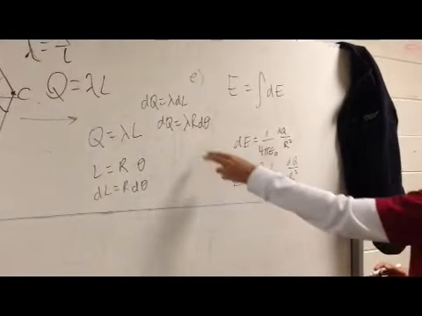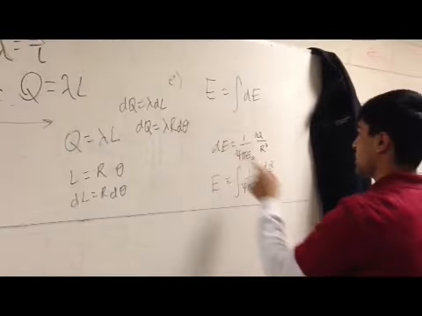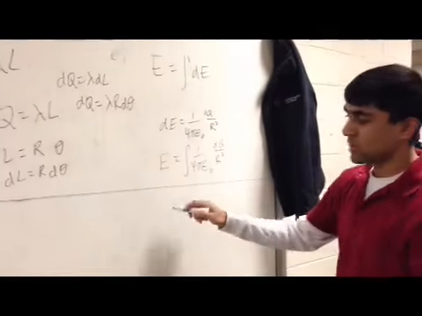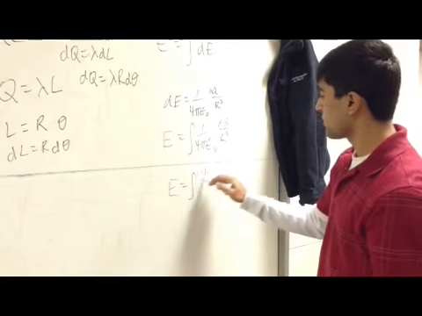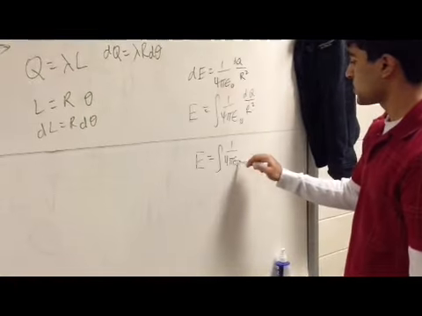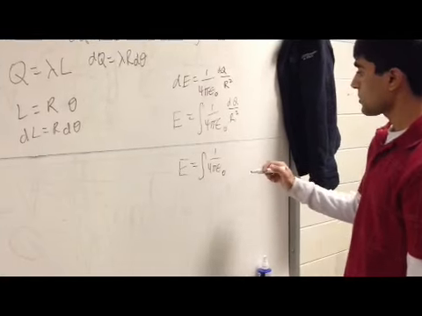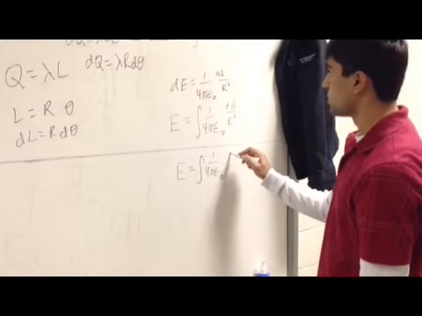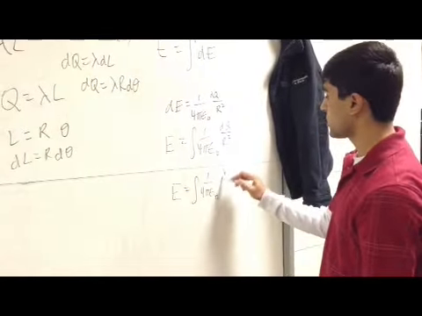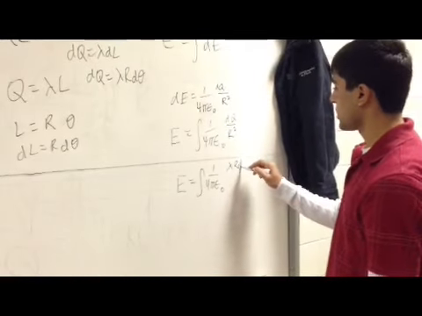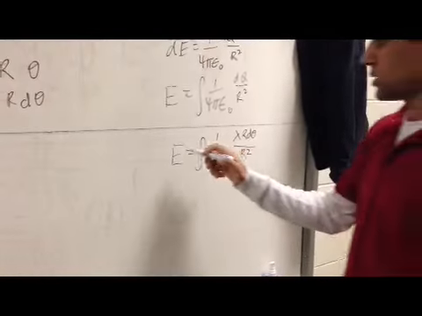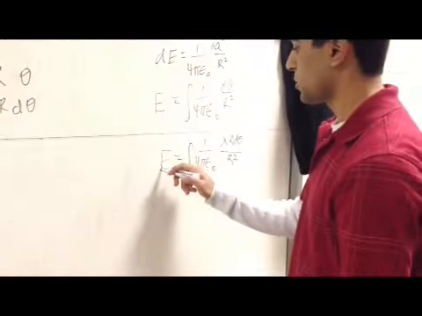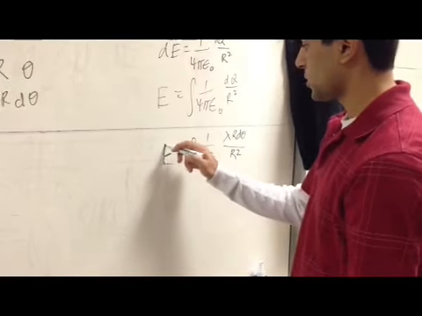And now we can substitute this into here. So E equals integral of 1 over 4 pi epsilon naught dq, which is lambda r d theta over r squared. That's total E. This is E including the x component and the y component.